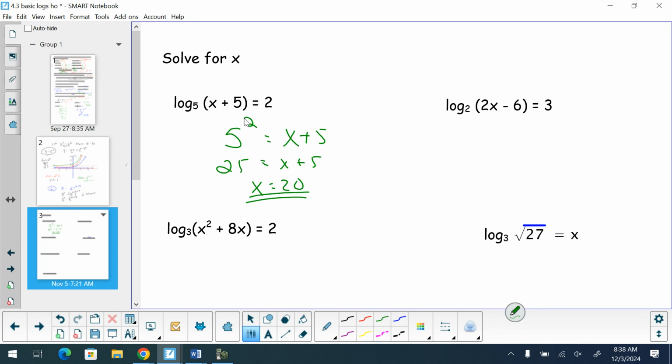Rewrite it exponentially. What's your base? What's your exponent? What's your value?